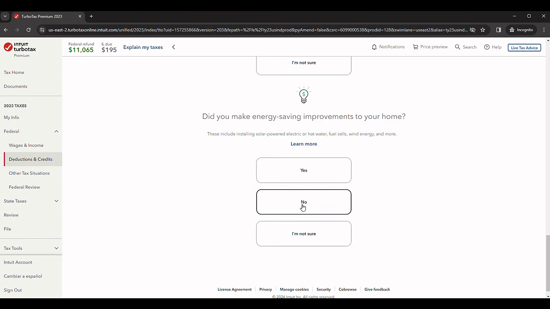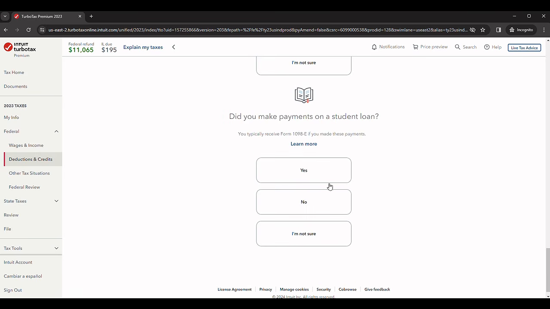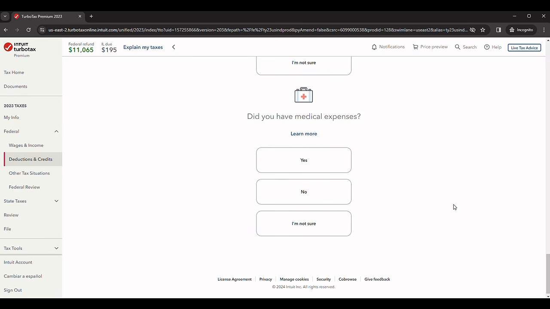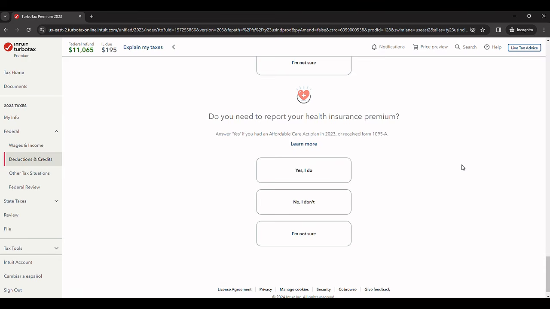In this example, we're going to do no. Car registration fees, this might be applicable to certain states. In this situation, we're going to write no. Student loan payments, okay, yeah, let's do that. Medical expenses, okay, fine, sure. Do you need to report your health insurance premiums?